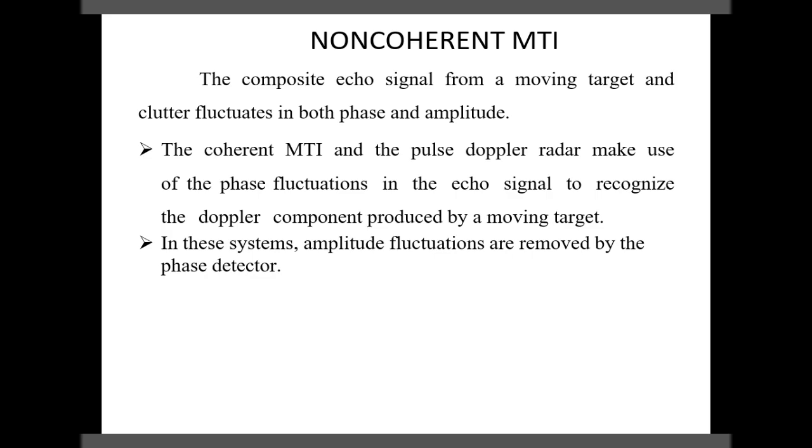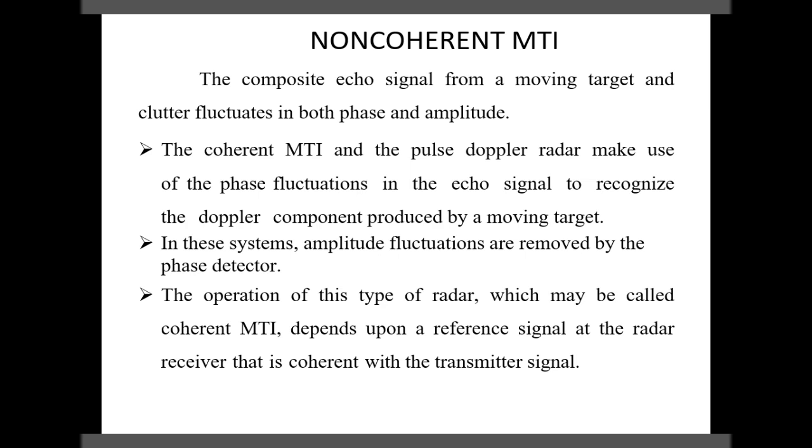The coherent MTI and the pulse Doppler radar make use of the phase fluctuations in the echo signal to recognize the Doppler component produced by the moving target. In these systems, the amplitude fluctuations are removed by the phase detector. The operation of this type of radar, which may be called a coherent MTI, depends on a reference signal at the radar receiver that is coherent with the transmitter signal.